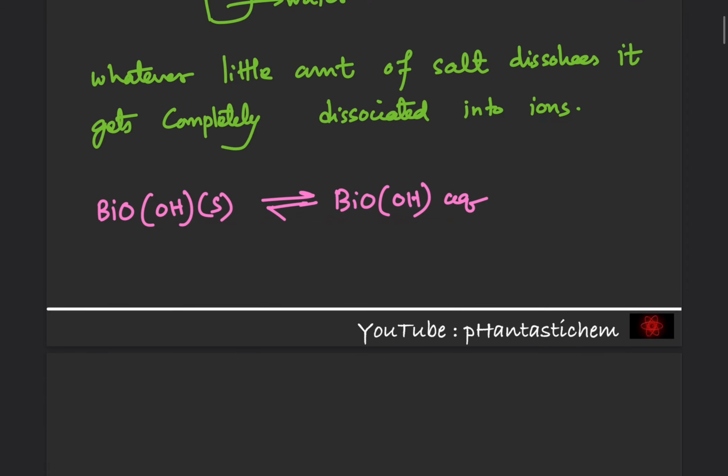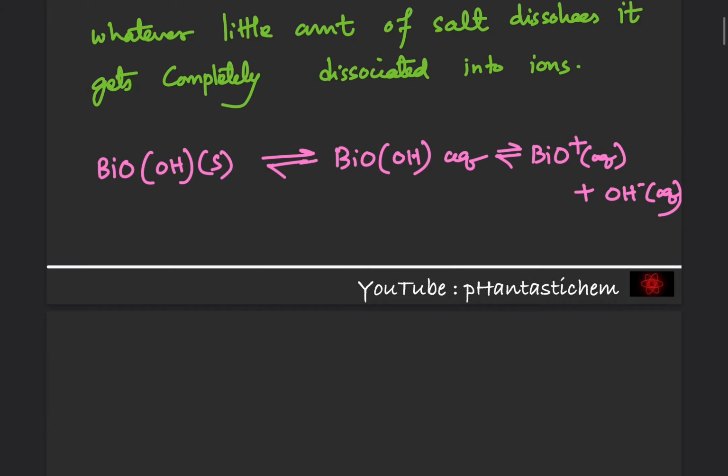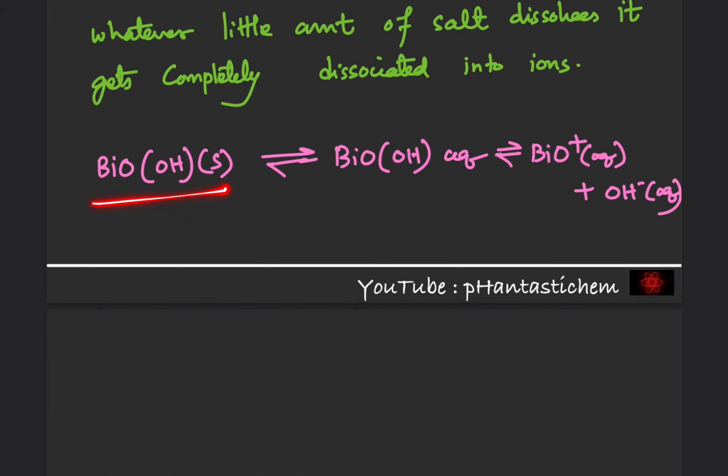Okay, and whatever went in, that is this one, will completely dissociate into ions. So we can further show it in this fashion, that it dissociated into the respective ions. Okay, so this is the undissociated, or the left amount of the salt.